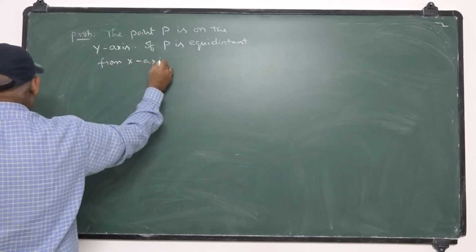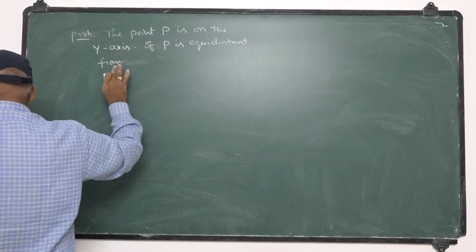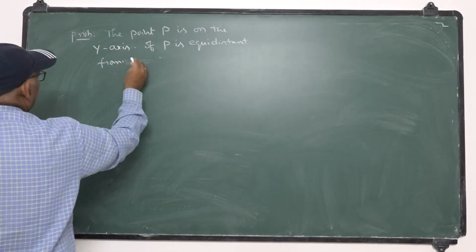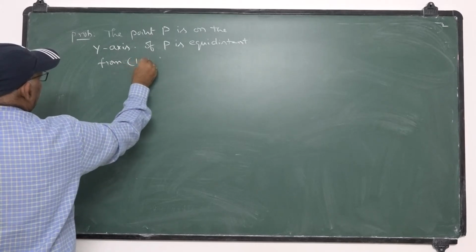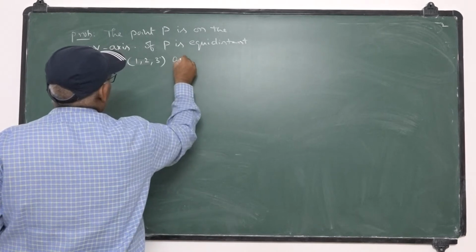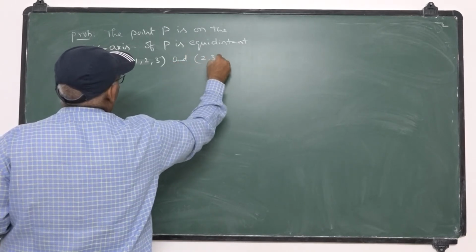The point P is on the x-axis, equidistant from 1, 2, 3 and 2, 3, 4.